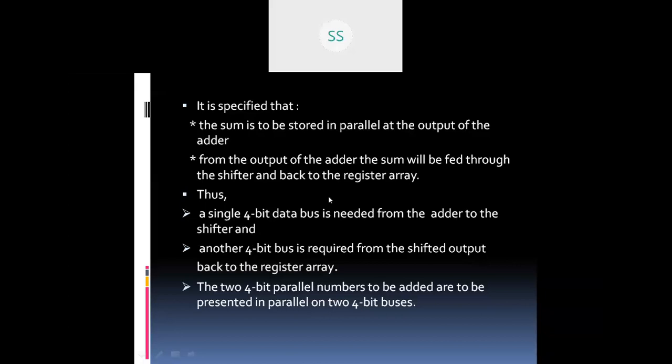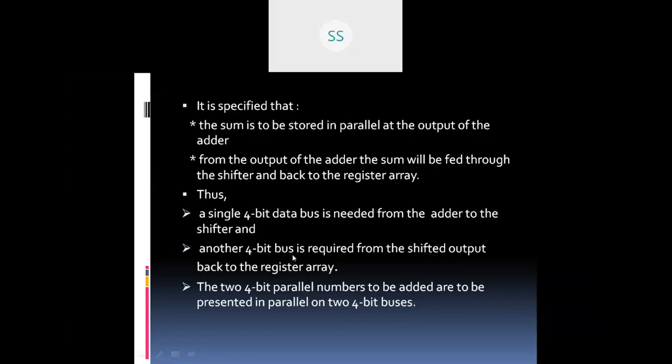These are all the requirements. Now, in order to make all these things happen, what is needed? A single 4-bit data bus is needed from the adder to the shifter. Then another 4-bit bus is also required from the shifted output back to the register array, because it is all 4 bits only.